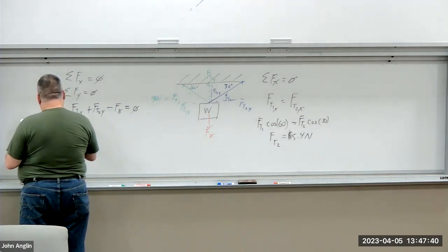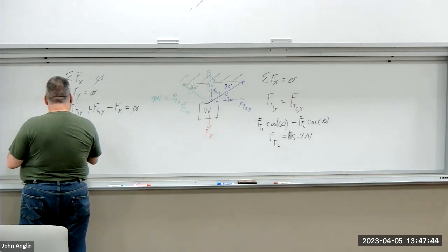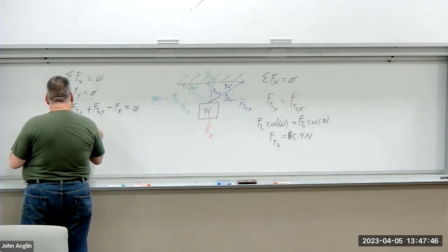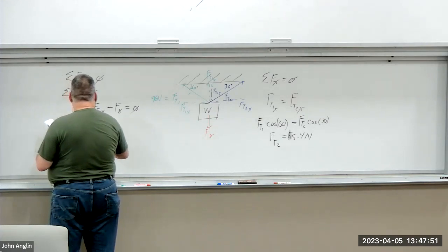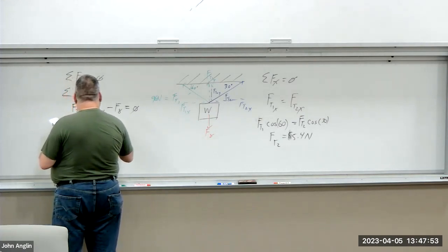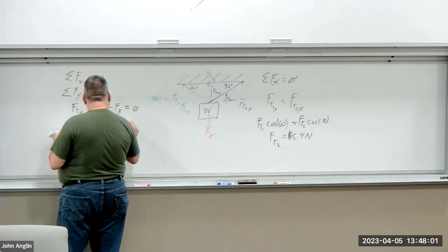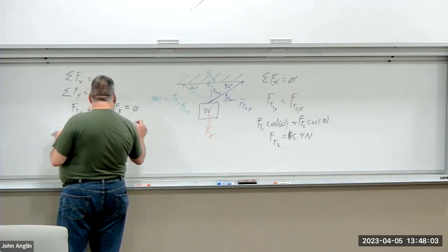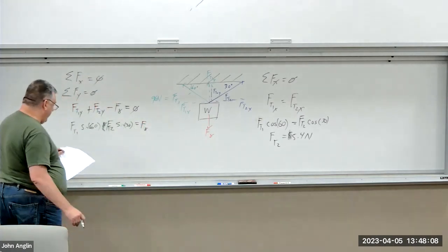That's fine. A little bit of algebra, plugging in what we know. We find this looks like the force tension 1 times sine of 60, plus force of tension 2 times sine of 30. That's got to all equal force due to gravity.